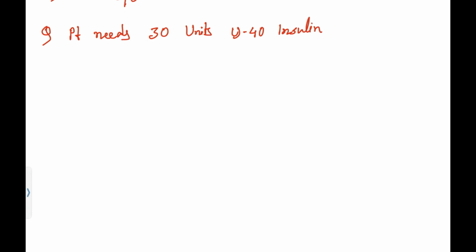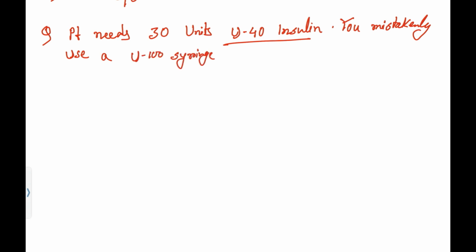Understood? Now let's solve the second MCQ. The second MCQ is that the patient needs 30 units of U40 insulin. Okay, the patient needs 30 units of insulin in a U40 insulin syringe. But you mistakenly use a U100 syringe.